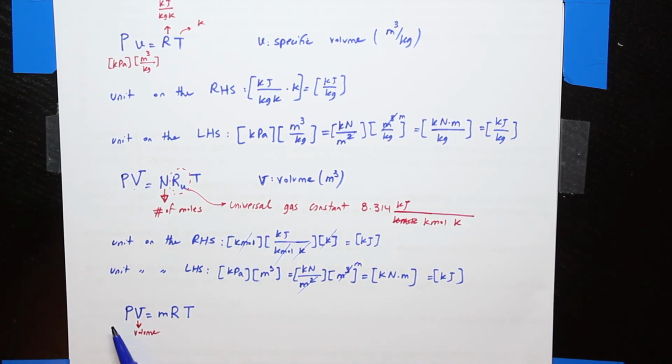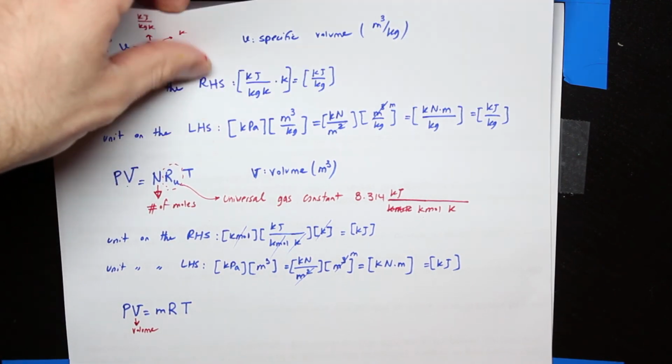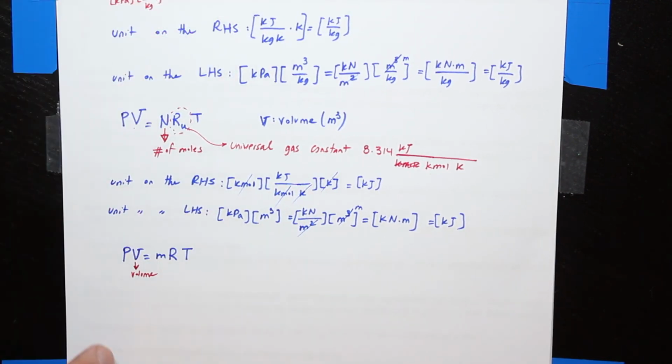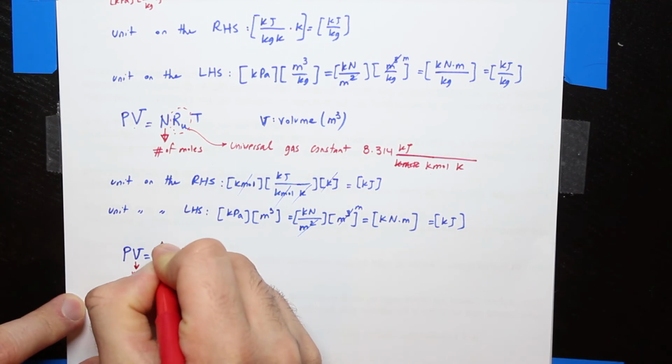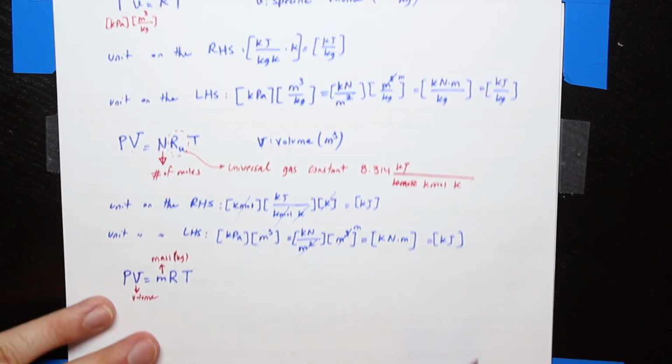So you know that the unit on the left hand side is kilojoule. We did it on the previous equation. So if I do the unit on the right hand side really quick, m is mass and the unit is kilogram. R is the same R that I had here.